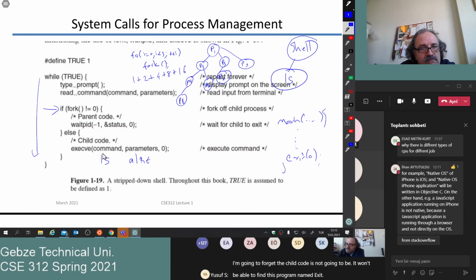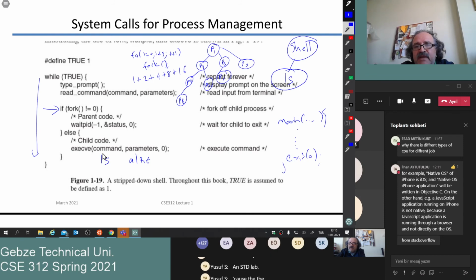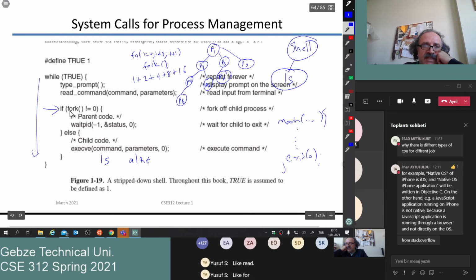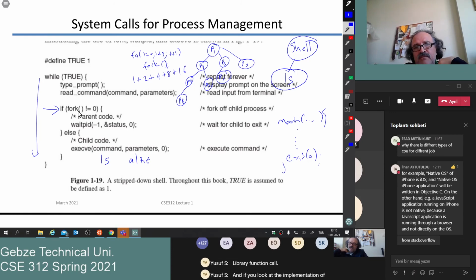Isn't exit part of stdlib? And stdlib makes a system call for exit. Exit is a system call, like read, like fork. Fork is a library function call, and if you look at the implementation of fork, you are going to see a system call.